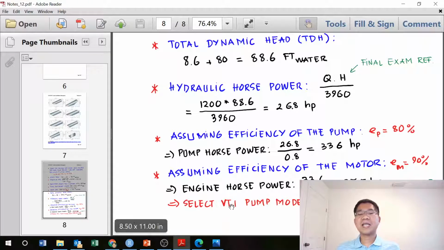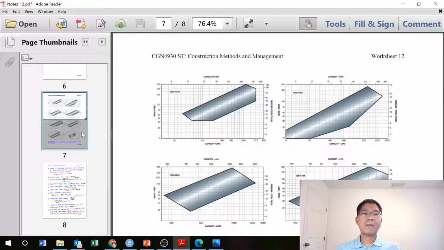And from that, I select the VT1 pump model 1760. With a different model you select, of course, other models can fit, but we select this model. Why?